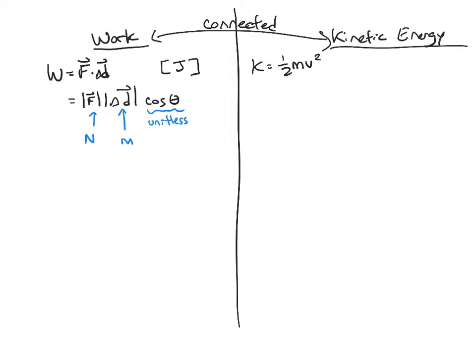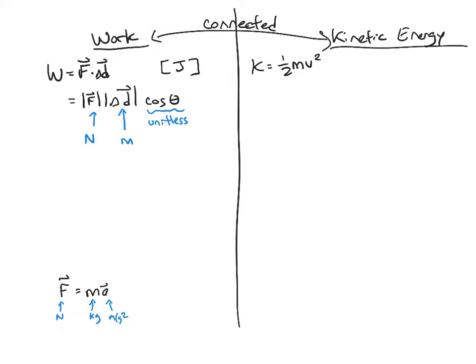But I'm going to break this down a bit further. So newtons. Recall from Unit 2 that force, or at least net force, can equal mass times acceleration. So if we analyze the units there, force is in newtons, mass is in kilograms, and acceleration is in meters per second squared. So what I'm saying is that Newton can be replaced with kilogram meters per second squared.